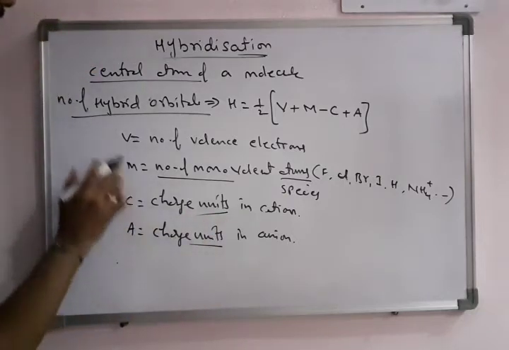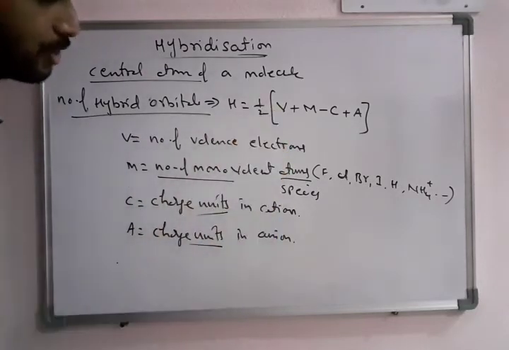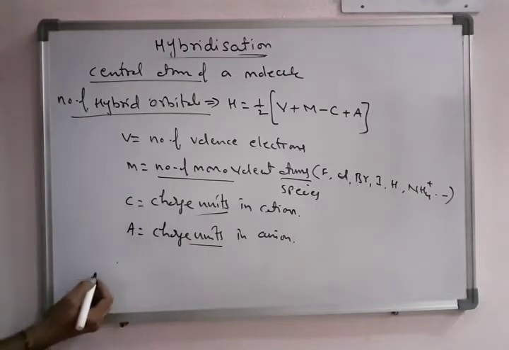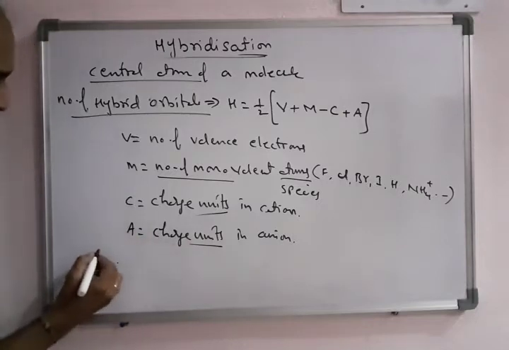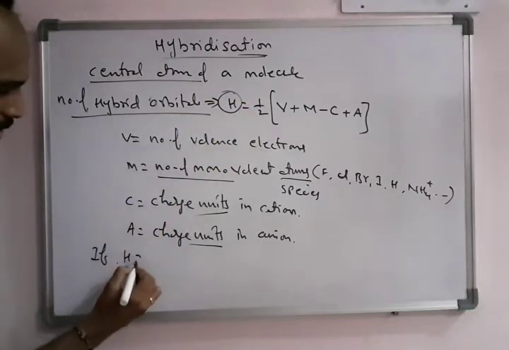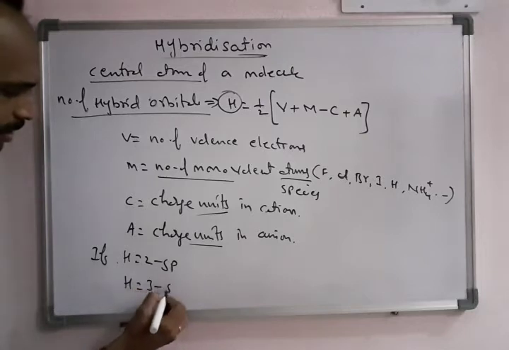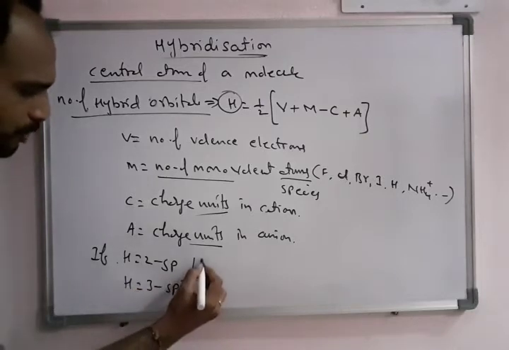From this calculation, the number of hybrid orbitals directly tells us the hybridization. For example, for a particular atom in the molecule, if you got the number of hybrid orbitals H equal to 2, it is sp hybridization. If the number of hybrid orbitals is 3, that is simply sp2.